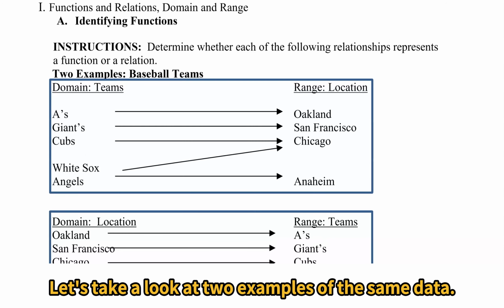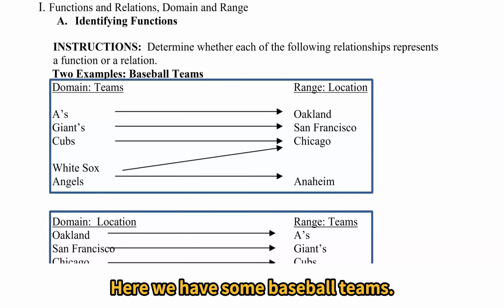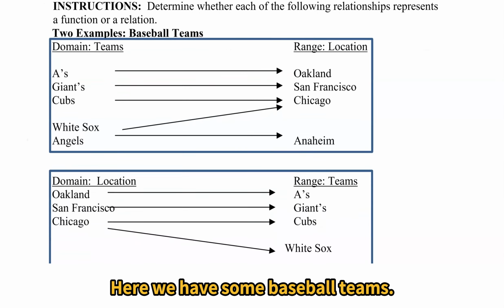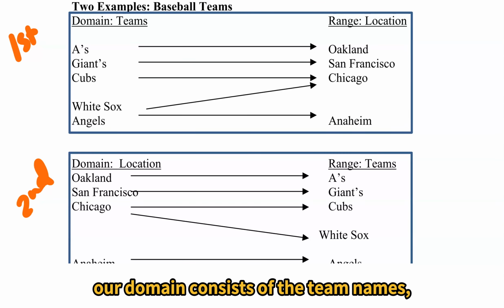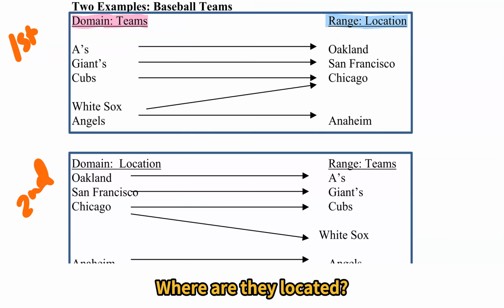Let's take a look at two examples of the same data, but we're going to look at it in two different ways. Here we have some baseball teams. In the first example, our domain consists of the team names, and our range consists of their location. Where are they located?